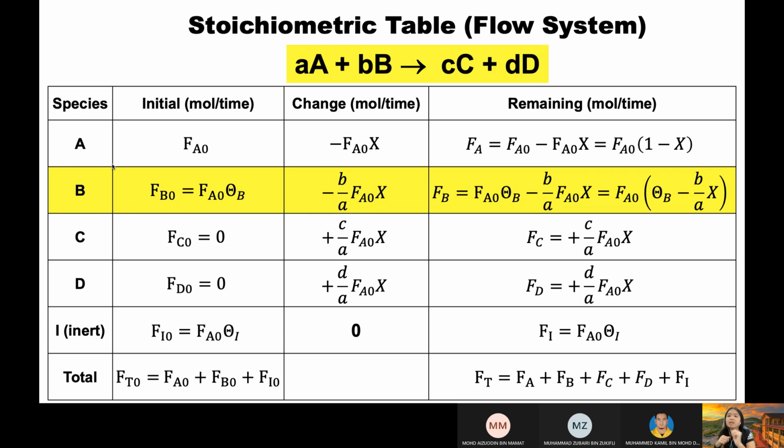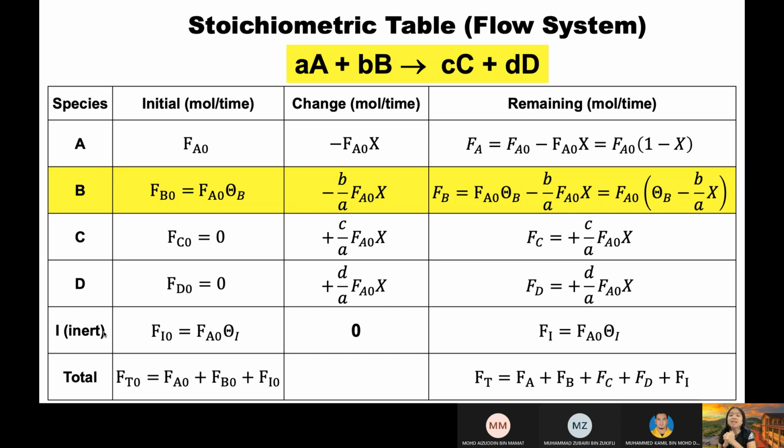That's why each compound, even if it is not involved in the reaction, but exists in the reactor, will have its own row. Okay, so for example in this case, I have 4 compounds. We have 2 reactants, A and B, the substances that react. C and D are your products, what you get after the reaction. So each compound has its own row: species A, species B, species C, species D. And then the last one, you see that I put I, inert.